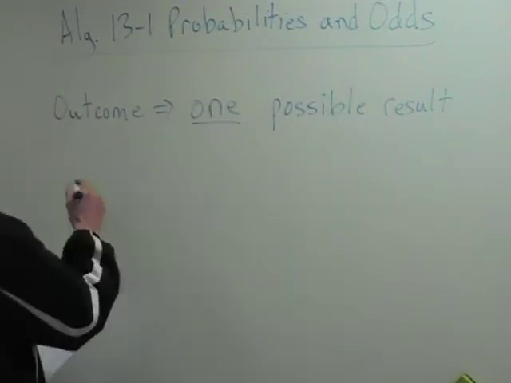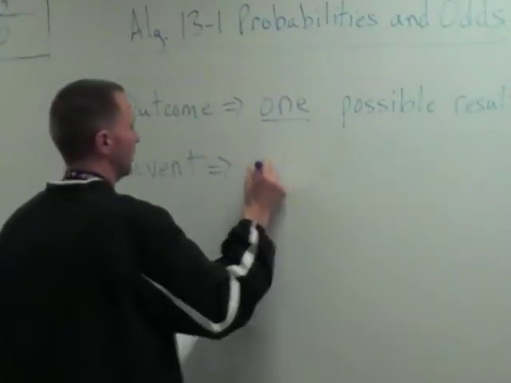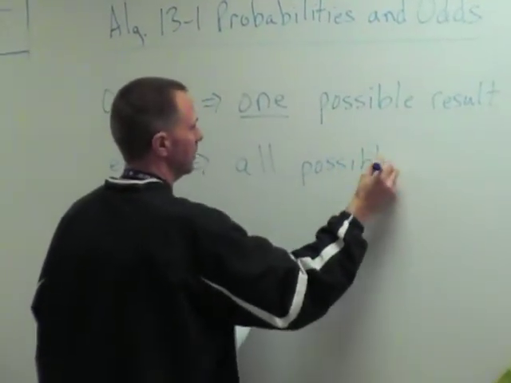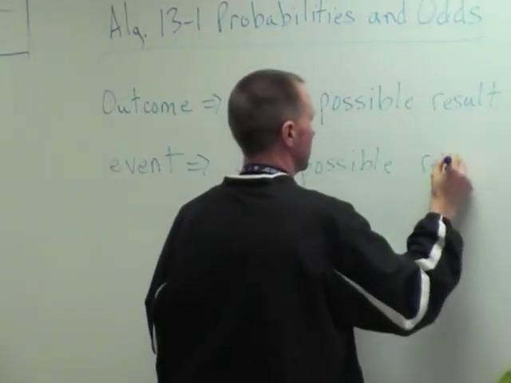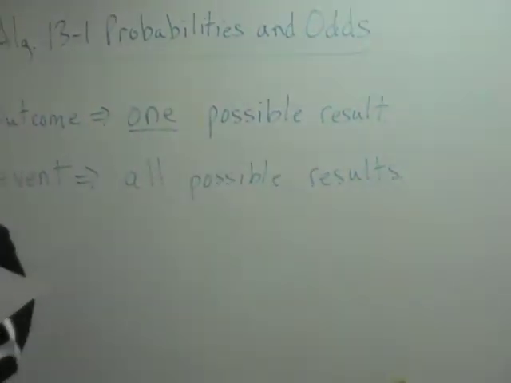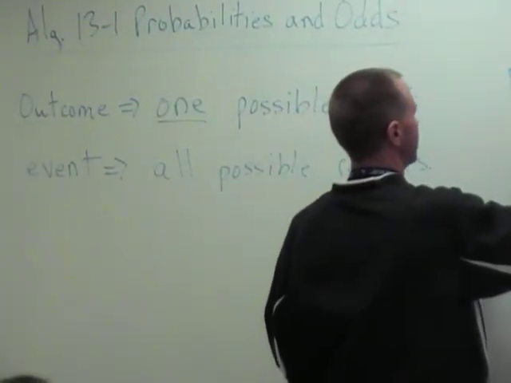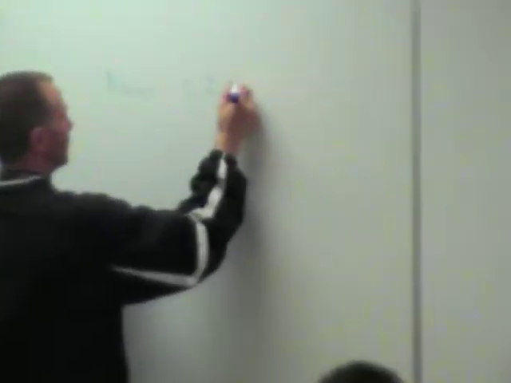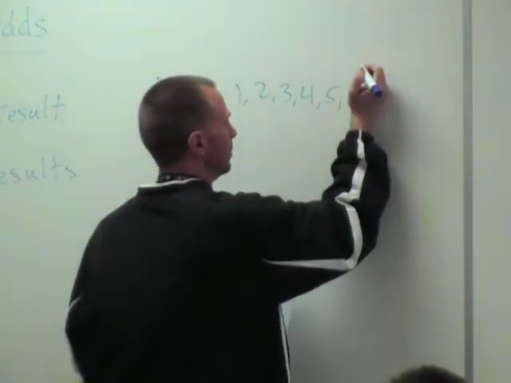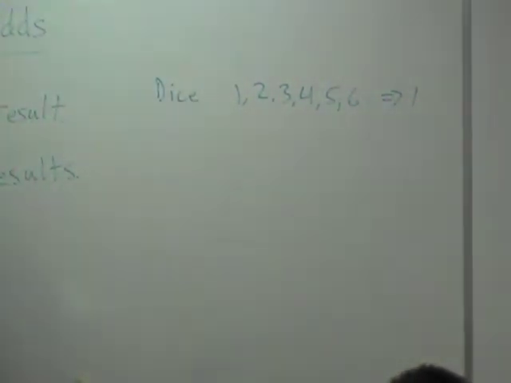All right, the event. That would be all possible results. So the outcome I have on here, if we have dice, if you roll the dice, there's 6 possible things, but you're only going to have one that shows up.